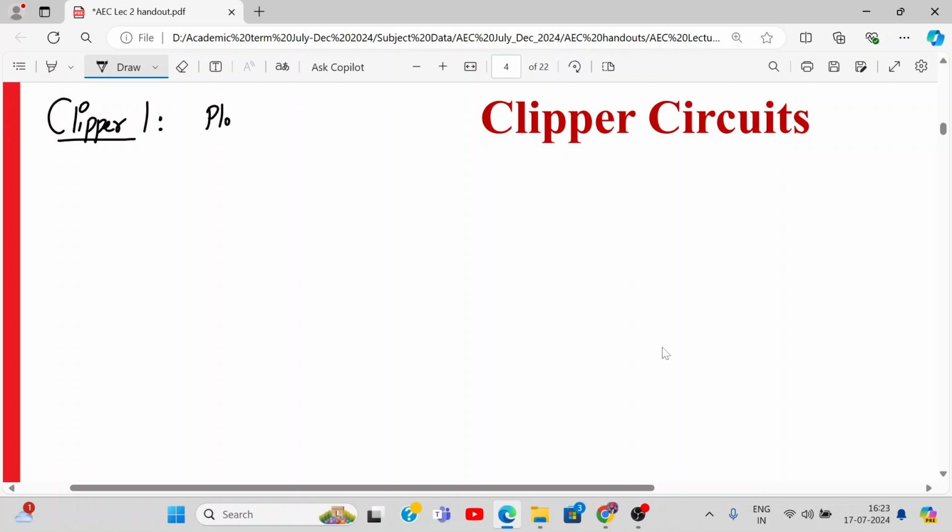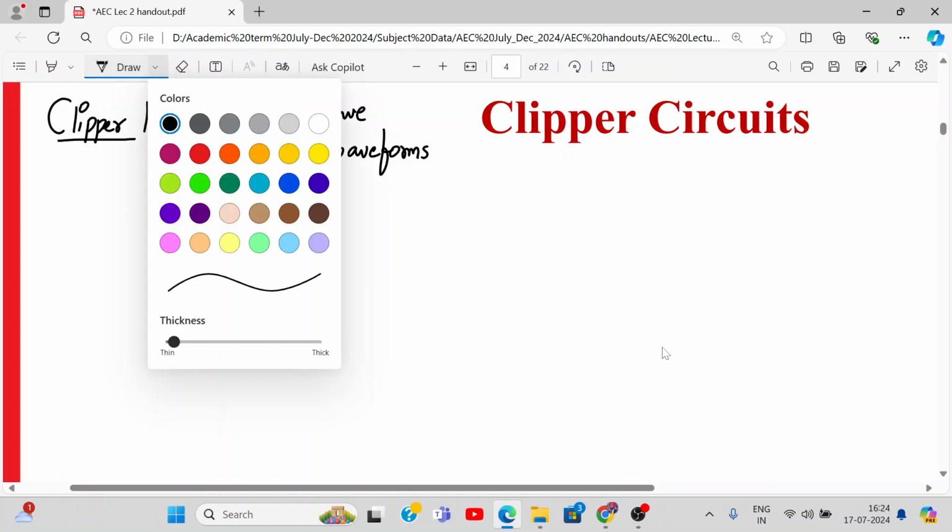So we need to plot the VTC curve, and the input output waveforms.